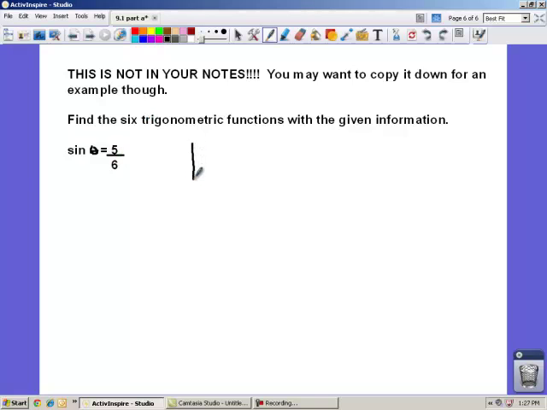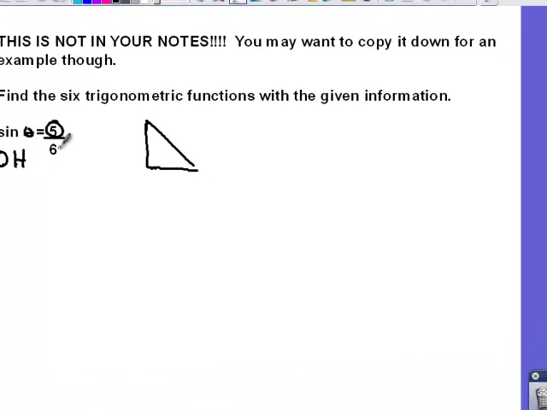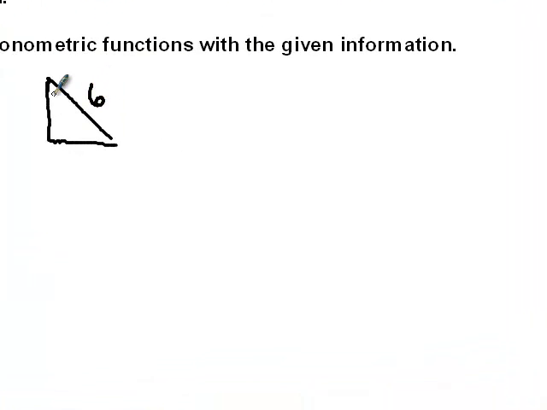So if we draw this triangle, remember that sine is opposite over hypotenuse. So the opposite of theta is 5, and the hypotenuse is 6. So we could really put theta only right here, because the opposite is right here. And now what we need to do is figure out what that other side is by doing a squared plus b squared equals c squared.